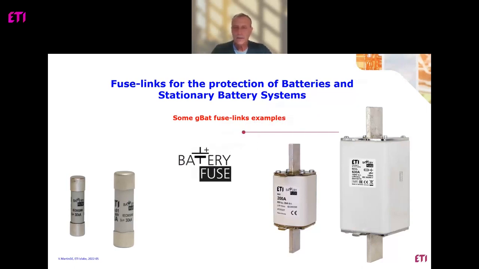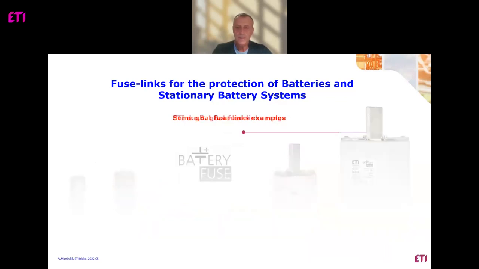And of course, battery symbol or mark, which is designed by ETI, it is our, let's say, brand, which is also printed on the fuse links for battery protection. So G-BUT or A-BUT.